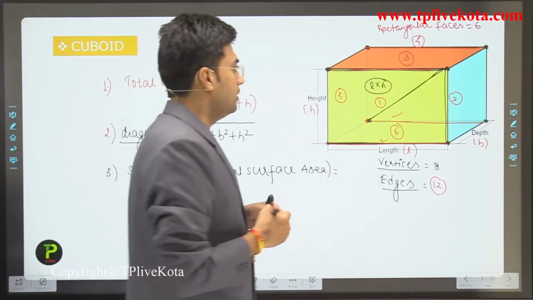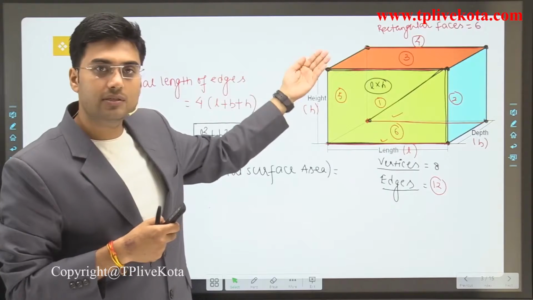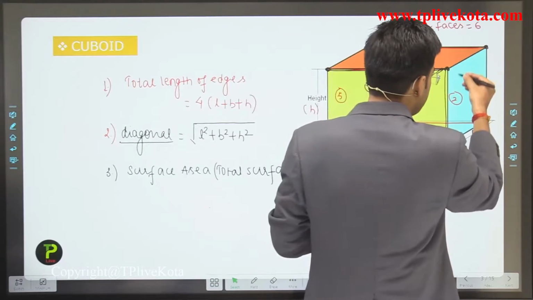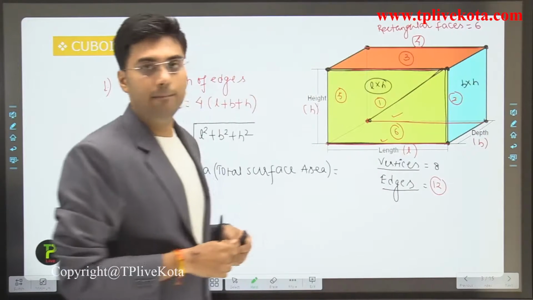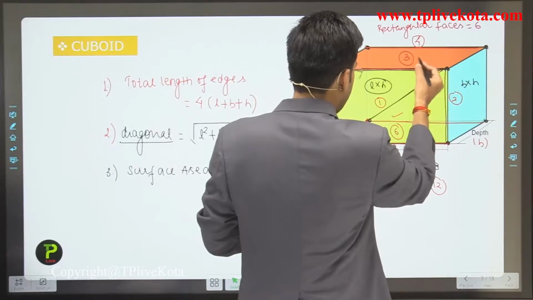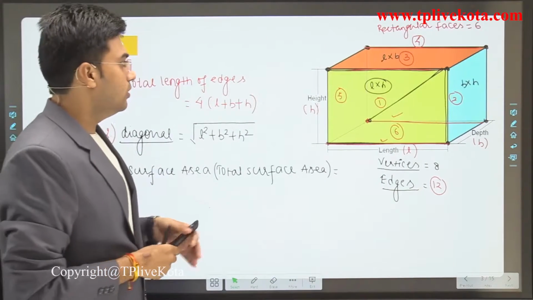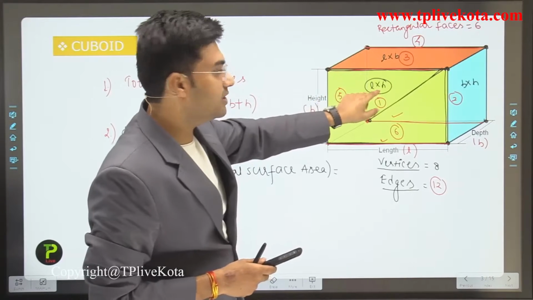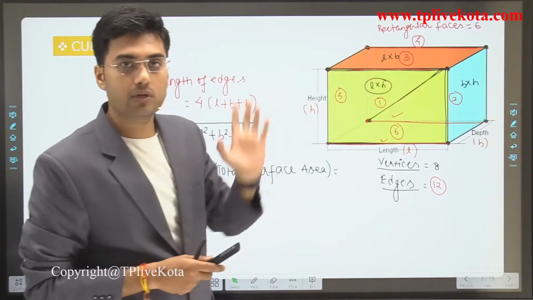Similarly the area of the face opposite to this is also L into H. Now the area of this surface is B multiplied by H. Similarly the area of this face is L multiplied by B. So L into H comes 2 times, L into B comes 2 times, and B into H also comes 2 times.